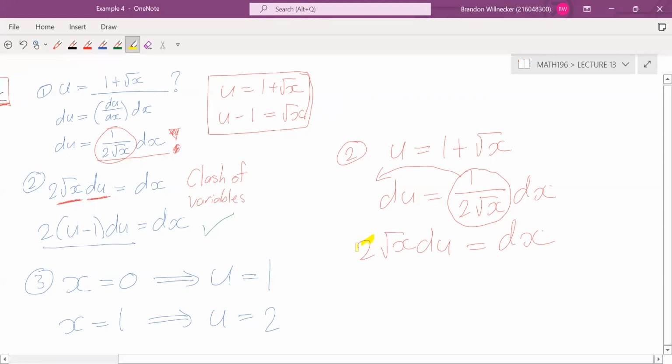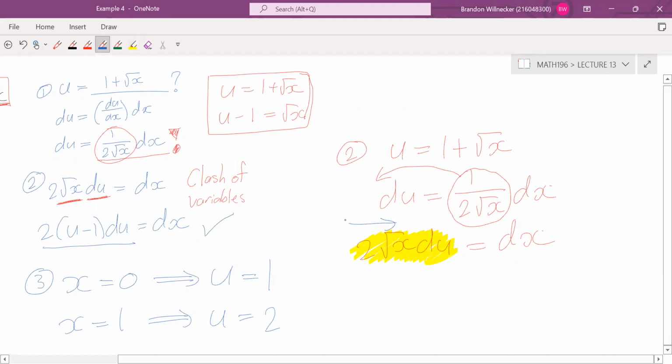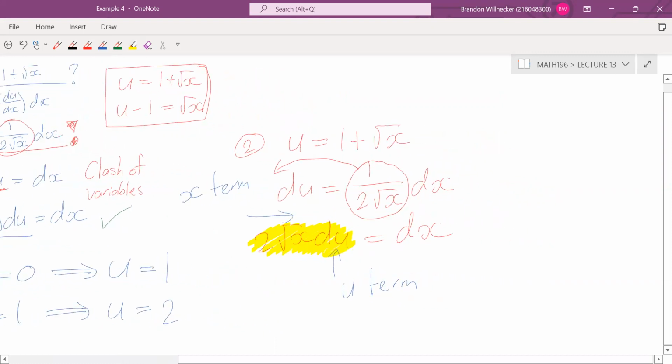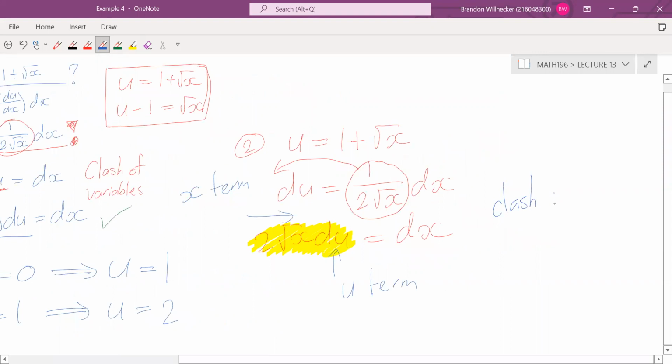But we have a problem because take a look at the left-hand side now. We've got 2 root x, so that is an x term. But du is a u term. So there is a clash with the variables. Okay, so we've got a clash here.